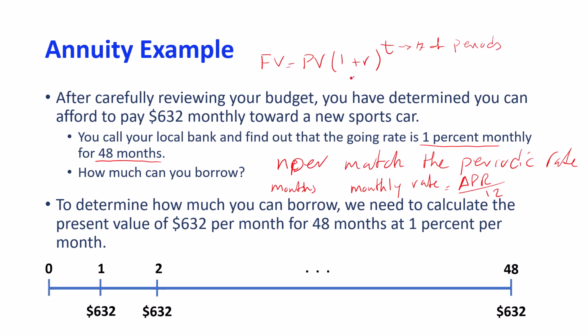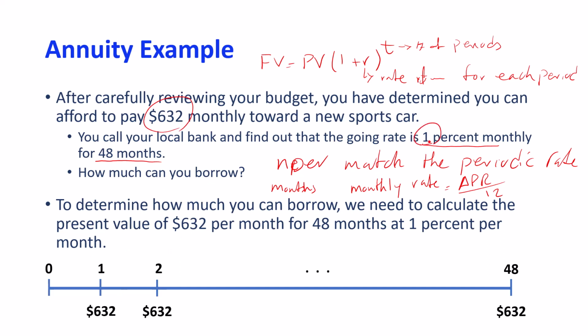And R is the rate of return for each period. So it can be months, days, quarters, or 6-month periods, semi-annual periods. So that being said, your payments are going to be $632 per month.